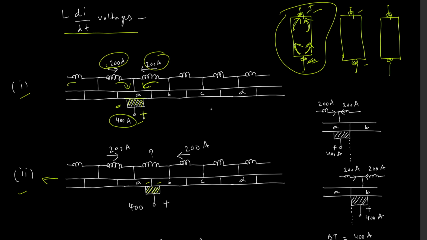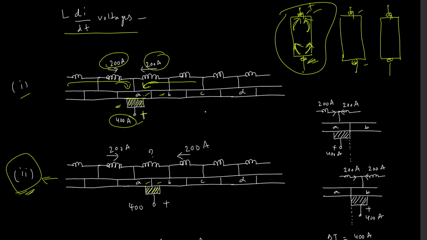From this loop it is coming like this and from this loop it is coming like this. Now when it is at the second instant, just focus on this coil, which is connected between A and B. Just focus on the coil connected between A and B, right?